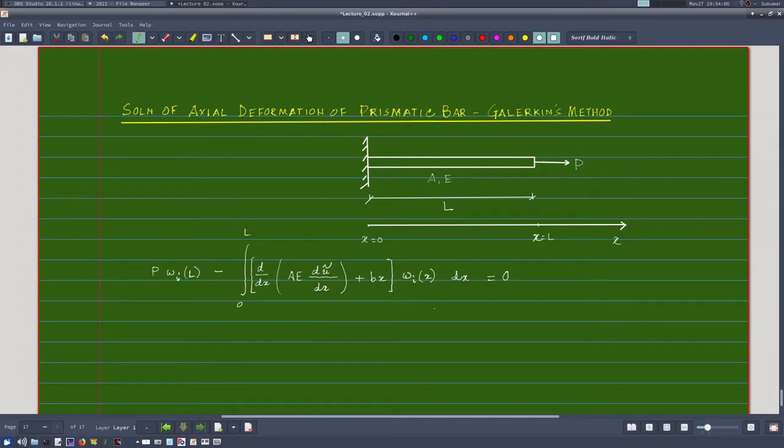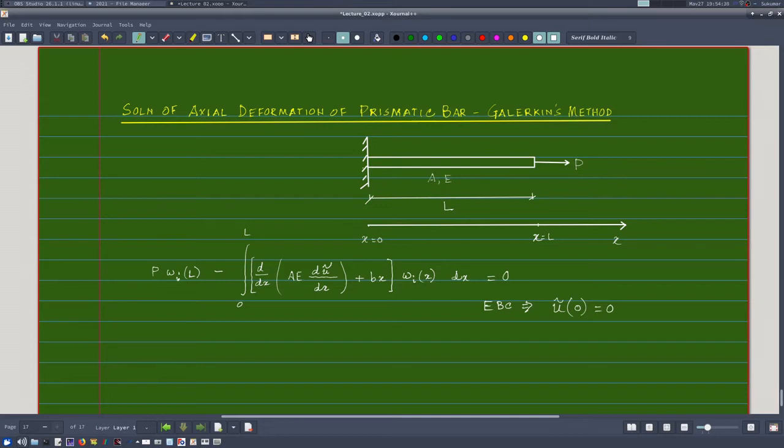And what is my essential boundary condition? Essential boundary condition, EBC, is u tilde at 0 is equal to 0. When x is 0, the deformation is 0 because it is a fixed end.